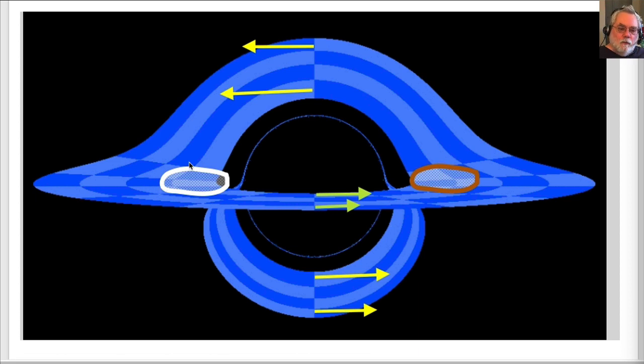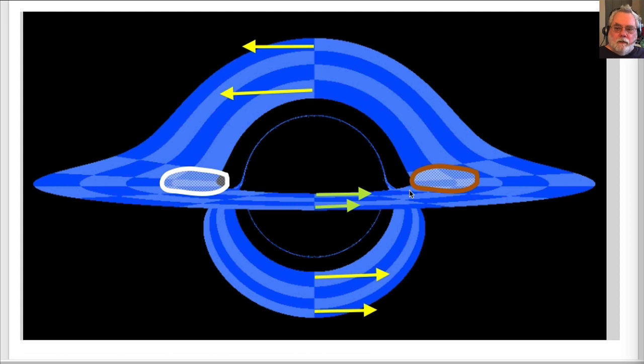Accretion disk material within this white bubble that I have drawn is moving directly toward us, and light from there will appear brighter and Doppler blue shifted to us, the observer.